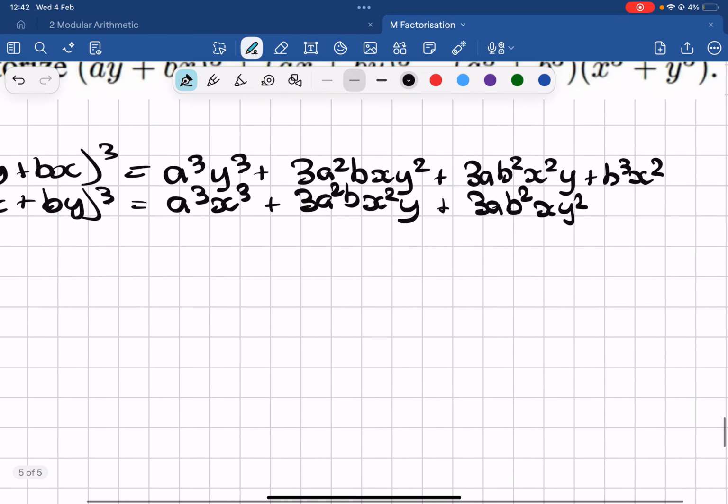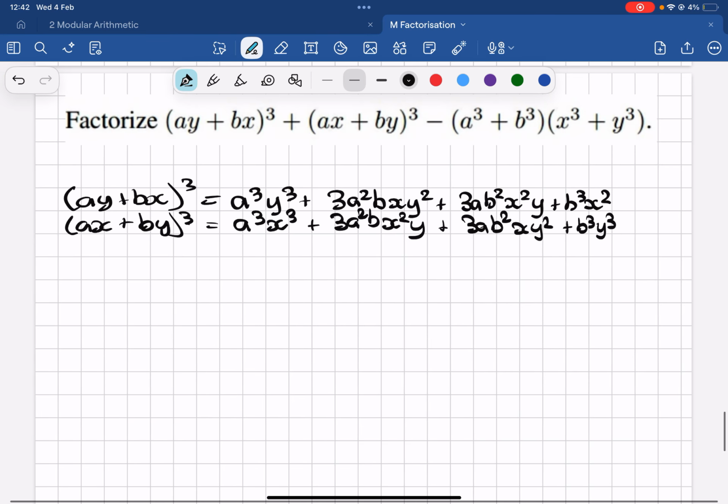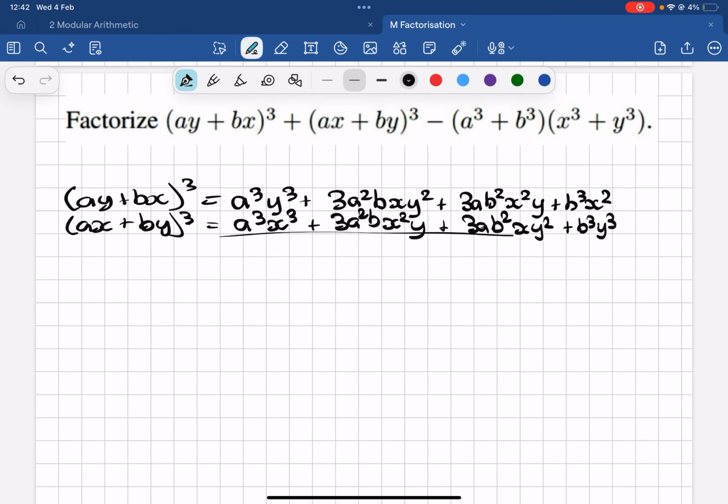Good. And then the last term plus b cubed y cubed. Right, and we're told that we need to add these two brackets, so let's put an add sign here.